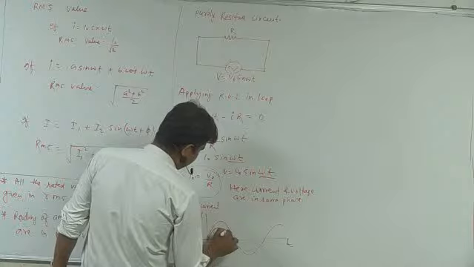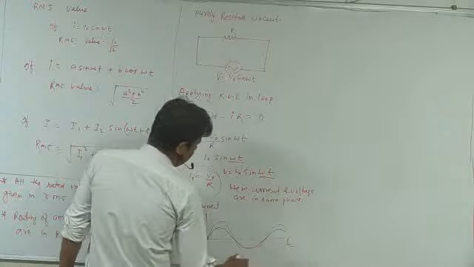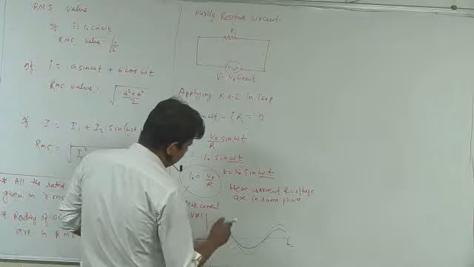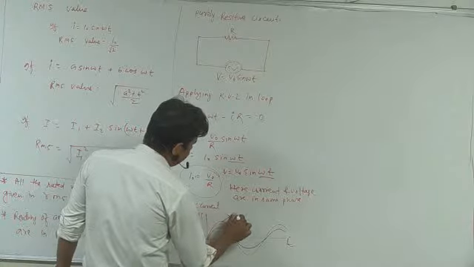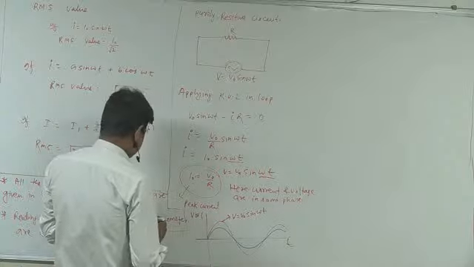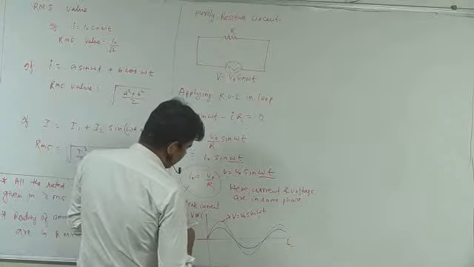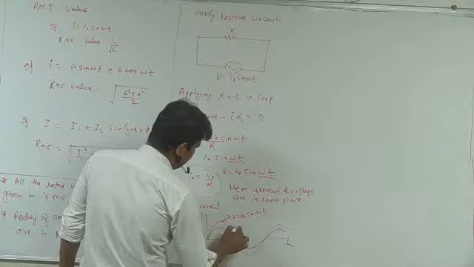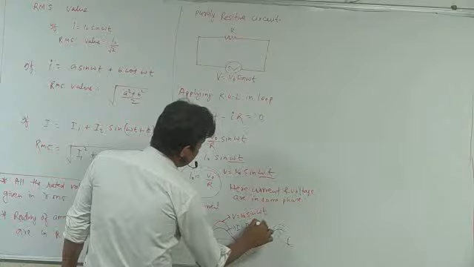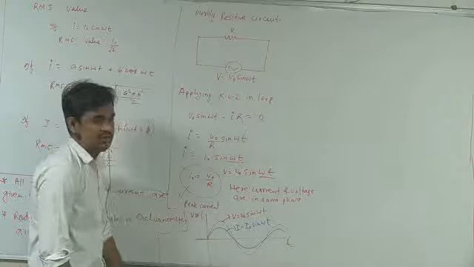This is your current profile. They attain their maxima together, they attain their minima together, they cross their zero value together, they change directions together, exactly in the same manner, meaning one is copying the other.